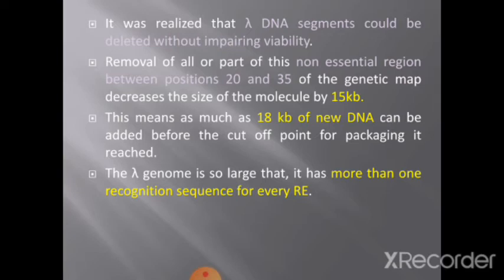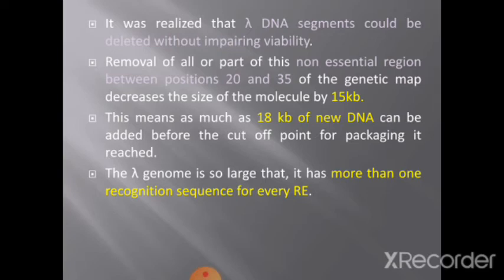Now, removal of all or part of the non-essential region. You know, the non-essential region lies between positions 20 and 35 of the genetic map. So, if you remove part or all of this region between 20 and 35, this decreases the size of the molecule by 15 kb. So here you will get around 15 kb, and as such you can add 3 kb.